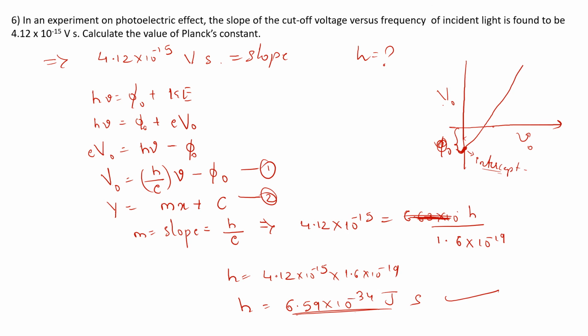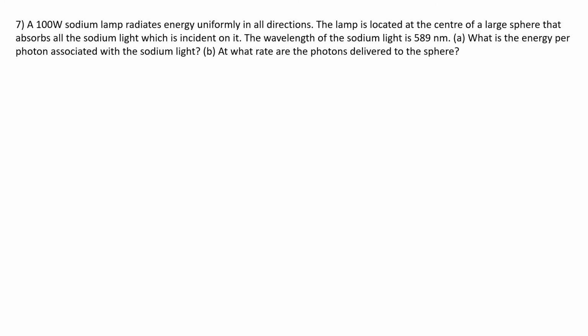So next question. A 100-watt sodium lamp radiates energy uniformly in all directions. The lamp is located at the center of a large sphere that absorbs all the sodium light which is incident on it. Okay, first let us write down what they have given. Power is 100 watt.